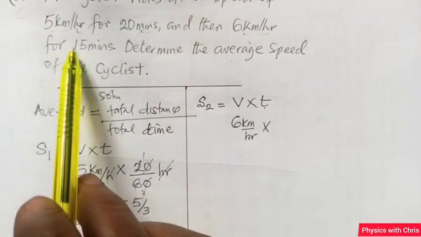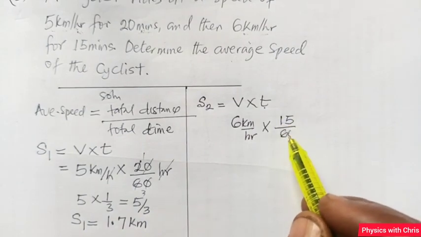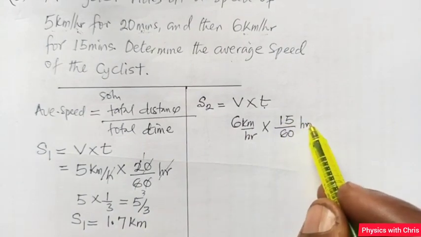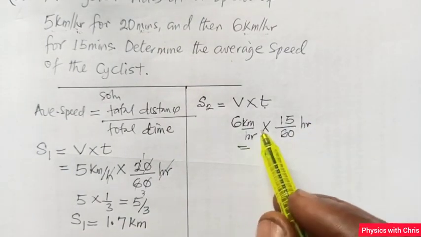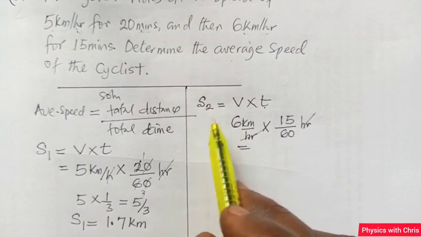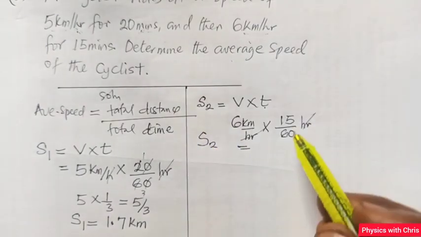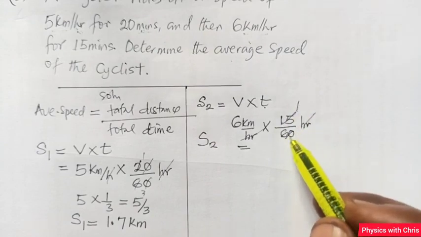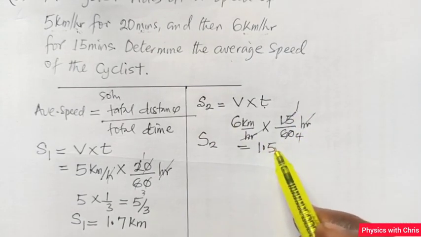So I'll change 15 minutes to hours by dividing 15 minutes by 60. By the time I simplify this, hour cancels hour, so the unit of the distance S2 will be kilometers. So 6 over 4 gives me 1.5 kilometers.